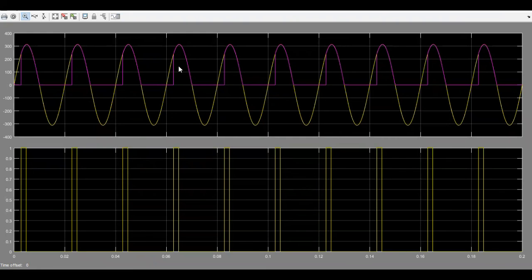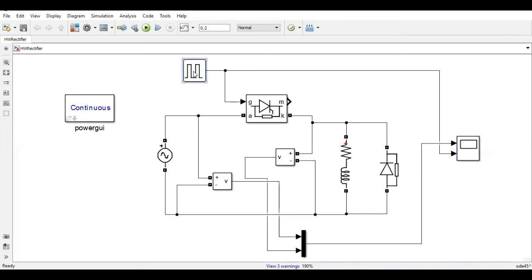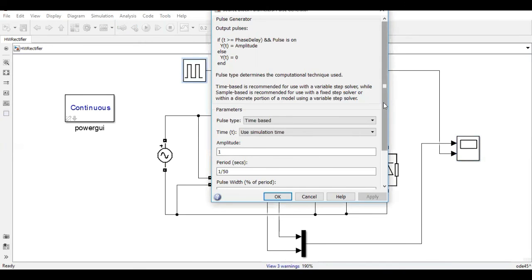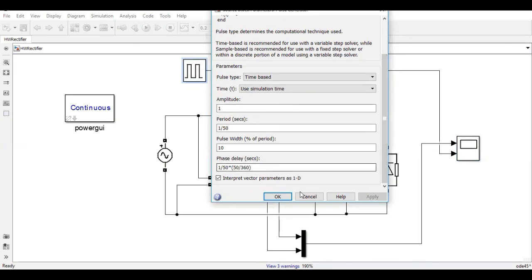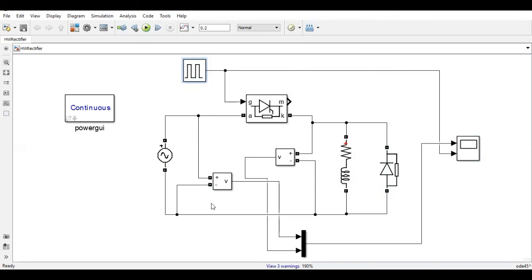And for the next positive cycle, again after the firing angle, which is specified as 50 degrees, I get the output again.